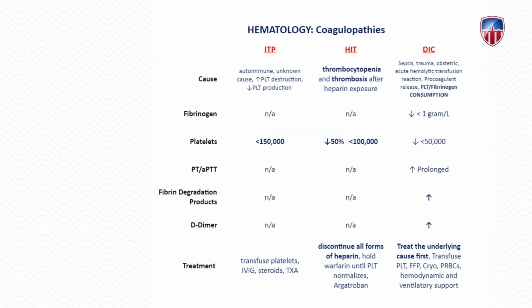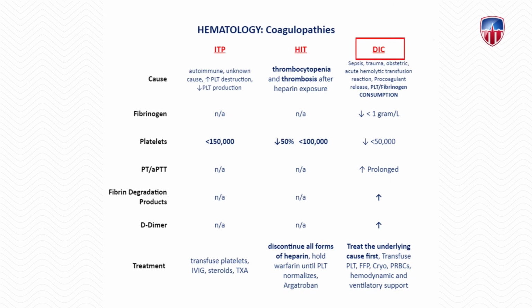Now, to summarize, DIC results from complications of sepsis, trauma, OB, or an acute hemolytic transfusion reaction. In DIC, a systemic inflammatory process results in microclots, which consumes coagulation factors like fibrinogen and platelets and results in bleeding.